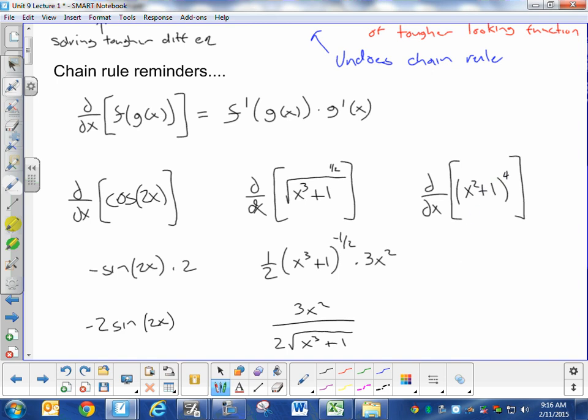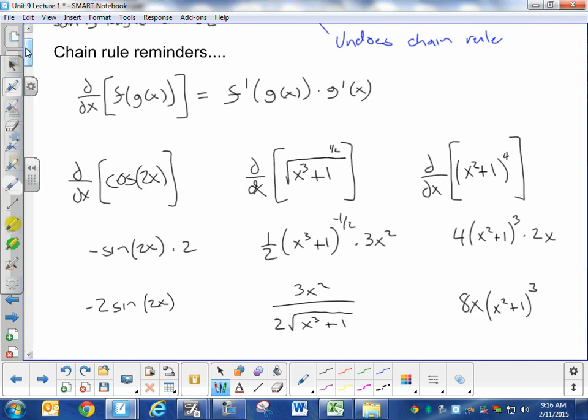And I'll say, okay, that's 4 x squared plus 1 cubed times 2x, or 8x times x squared plus 1 cubed. Okay? We got those, right? Any questions about the chain rule and taking the derivatives using the chain rule? This is all review.